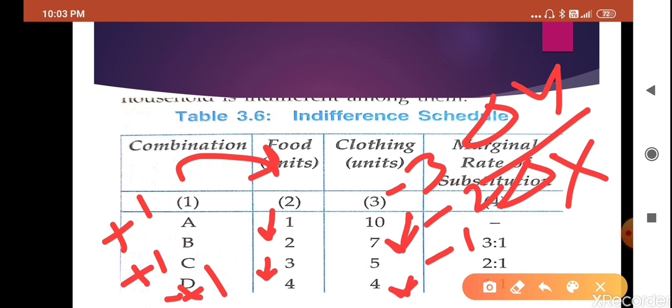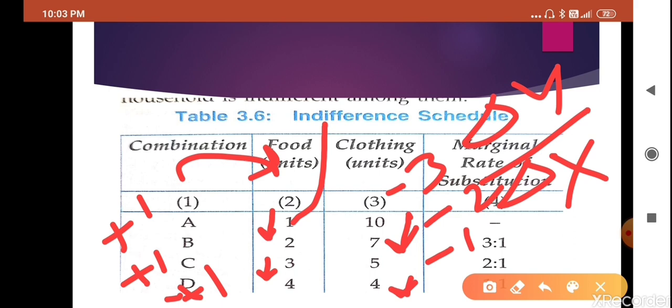So here MRS is minus 1 and plus 1. So we can say that MRS is decreasing with every additional combination. While we are increasing the units of commodity X, we have to sacrifice units of commodity Y. So first we sacrificed 3 units, then 2, then 1.